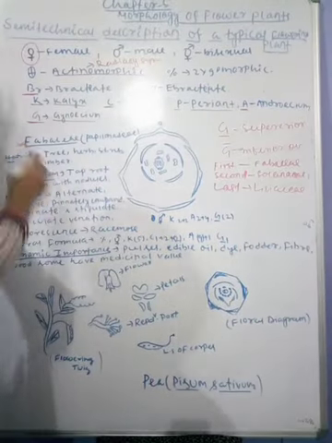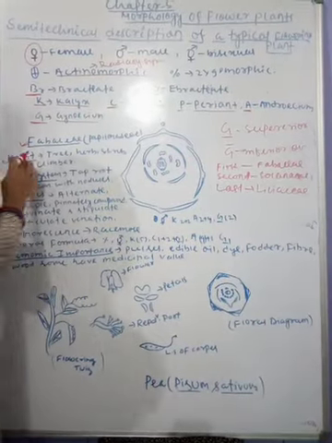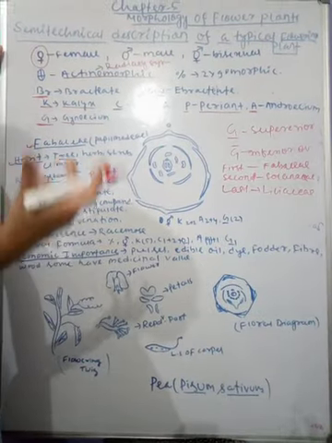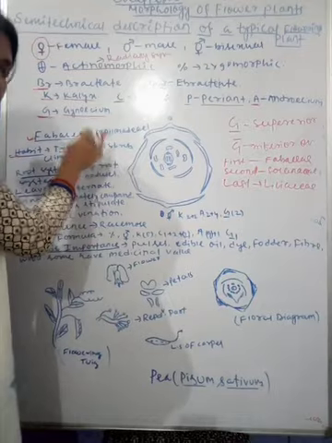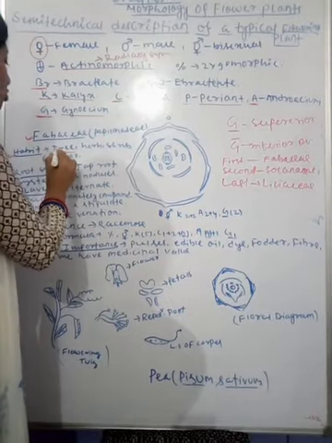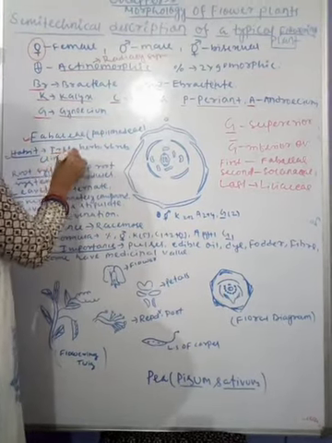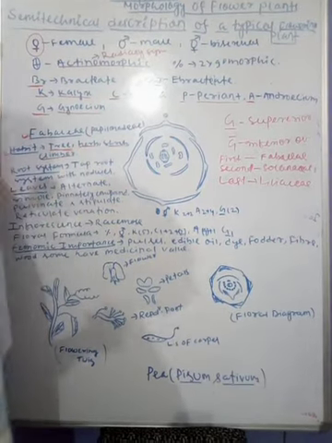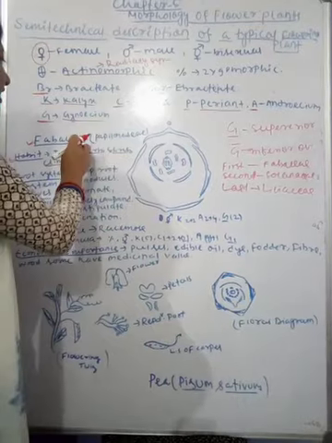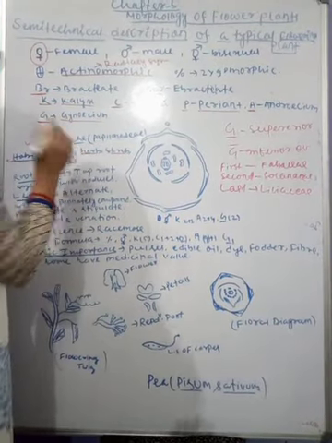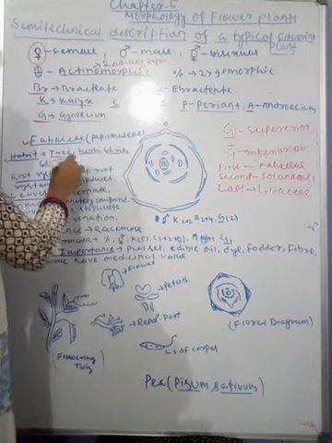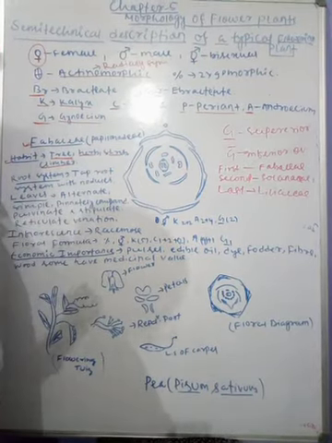First let's look at its habit. Habit means what the species in this family look like. It may be a tree, herb, shrub or climber. Every type of plant is placed in this family. The plant may be a tree, a herb, a shrub, or a climber which has tendrils.